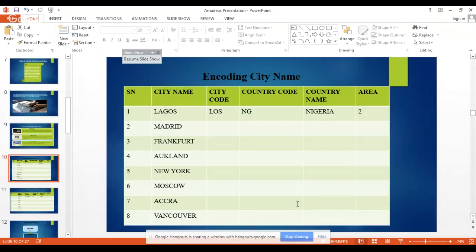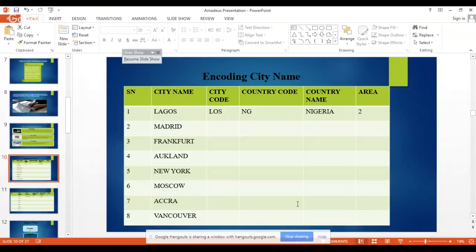They fall under Europe, while the others fall under Asia. So Moscow falls under Europe. Like we said, the city code is MOW. So the country code for Russia in Europe is RU. Then the country name is Russia, and it's also in Area 2.